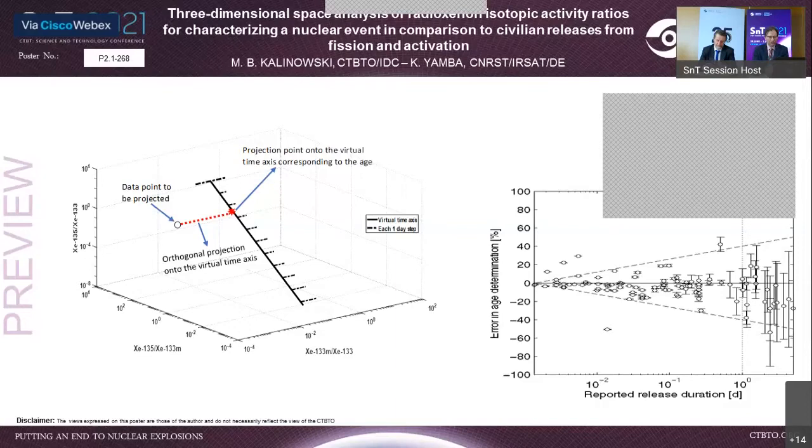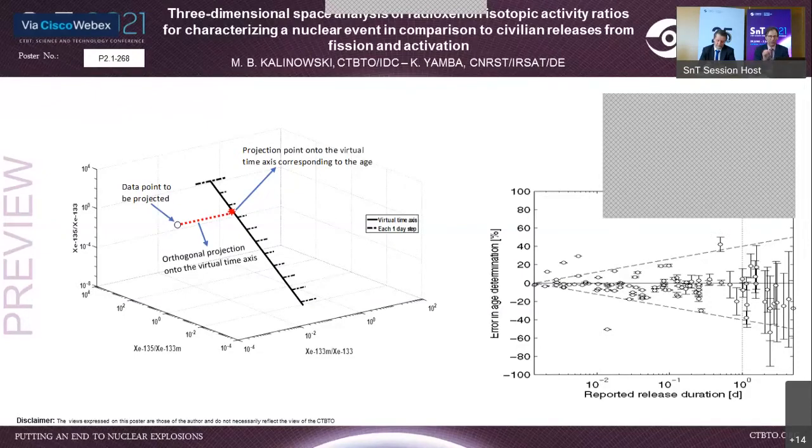What we do is construct a new axis that, for infinite time, is aligned with the decay of the respective radioisotopes in the ratios of this three-dimensional space.